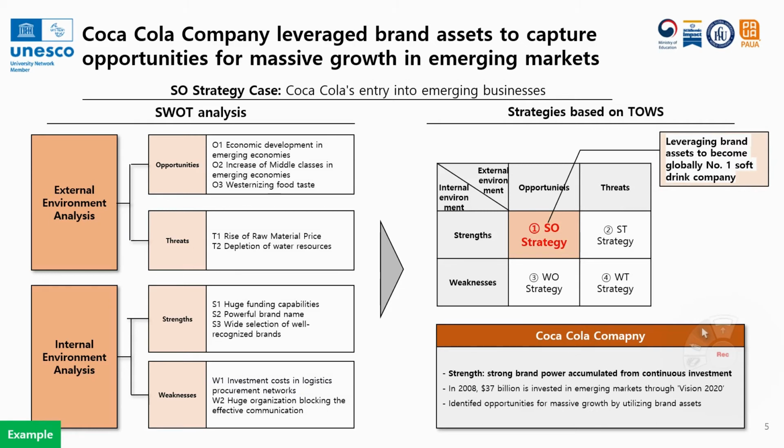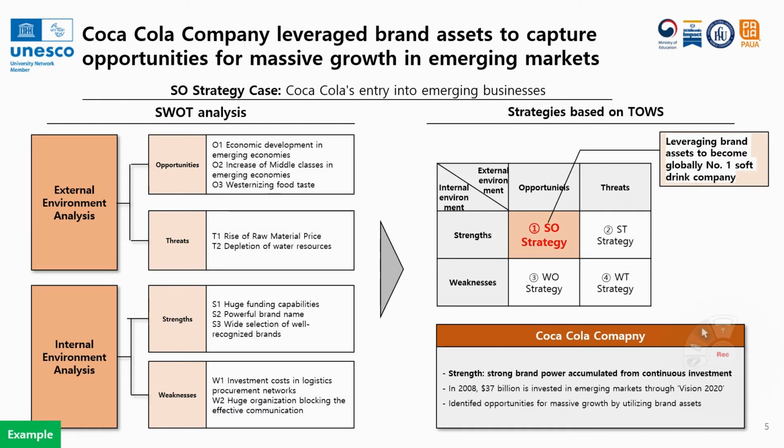So if you look at the right hand side, the boxes, there are opportunities, threats, strengths, and weaknesses. Out of them, they chose the SO strategy. So that means leveraging their strong brand assets. That's one of the strengths.